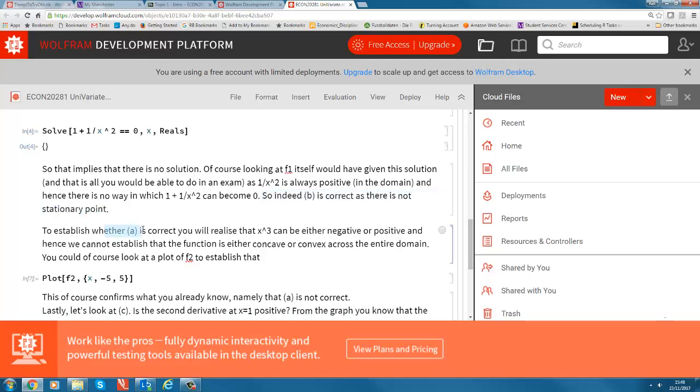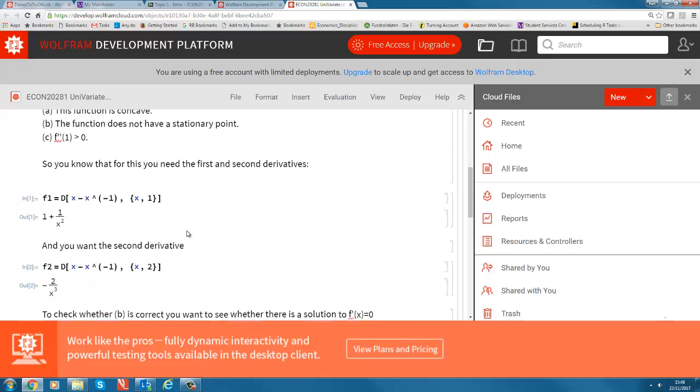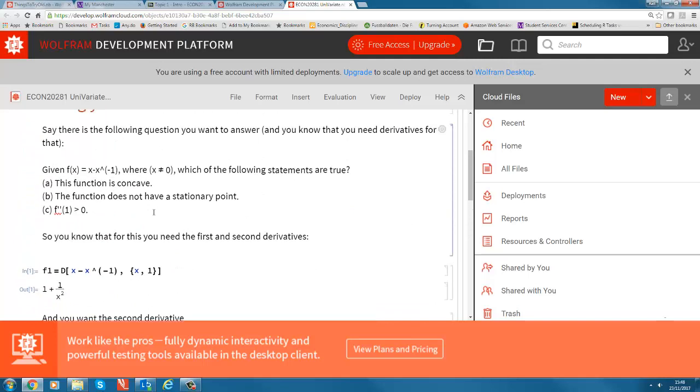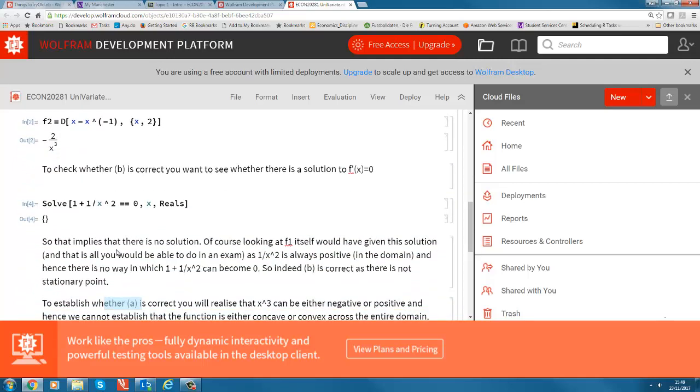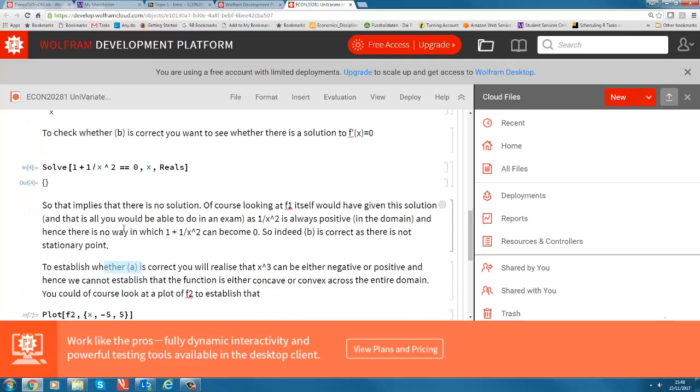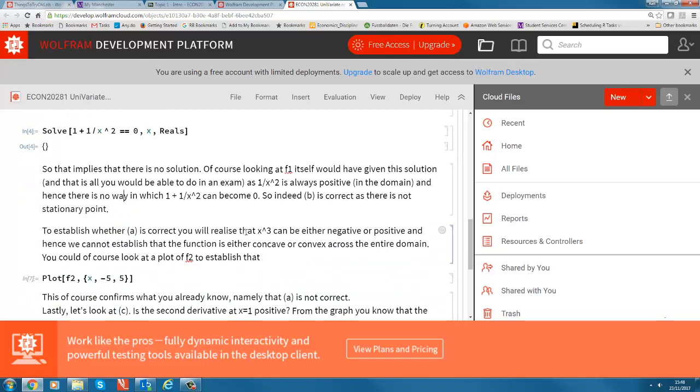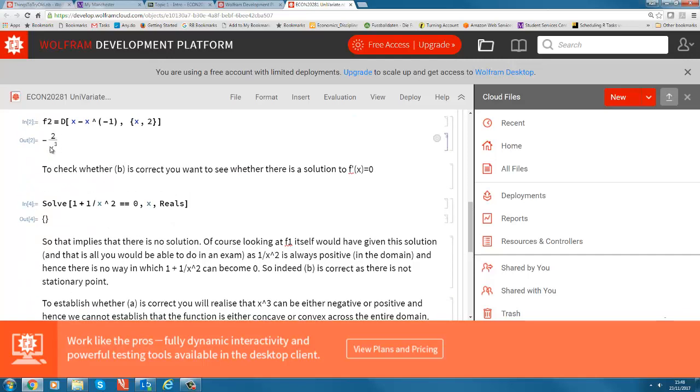So then to establish A, that this function is concave, we need to establish what happens to the second derivative. For the function to be concave, the second derivative always has to be negative. However, if you look at the second derivative, which is here, you can realize that this x to the 3 can be negative or positive.